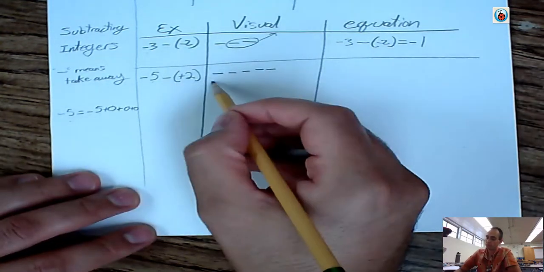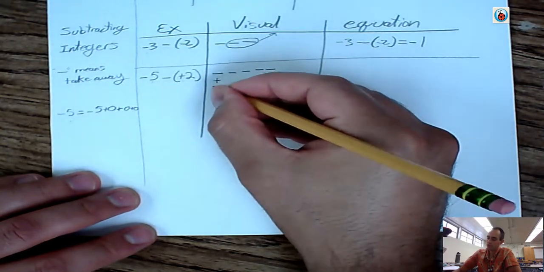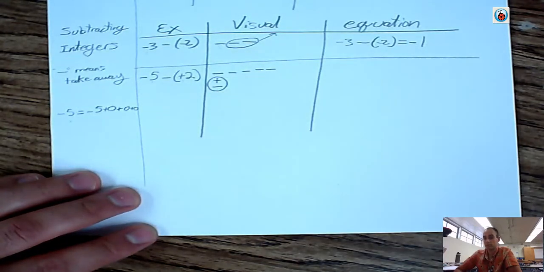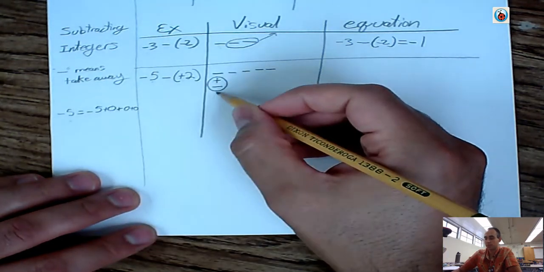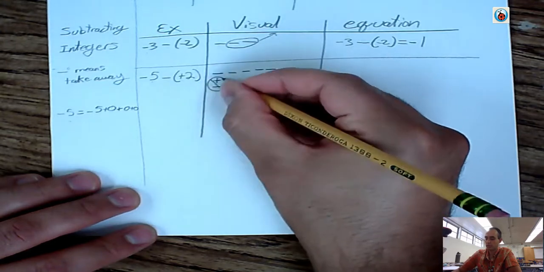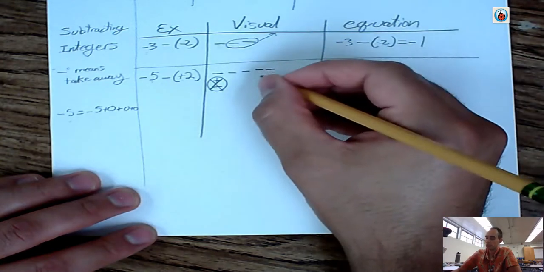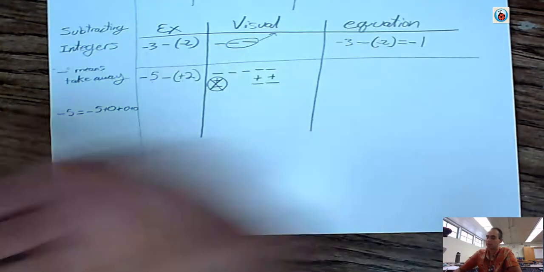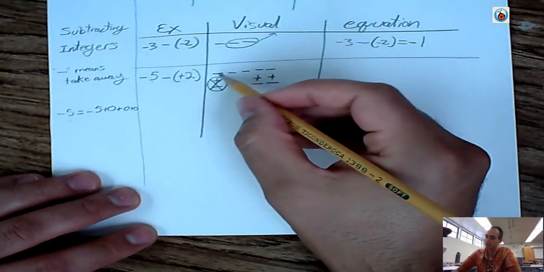Because in my visual, here's negative 5. If I add 0, like a 0 pair, that's still negative 5. Because these would be canceling out. You see? So when I cancel those out, it's gone. Now, the reason I'm going to do that is so I can add in a couple of 0 pairs until I have enough positives to take away. So I have 5 negatives.